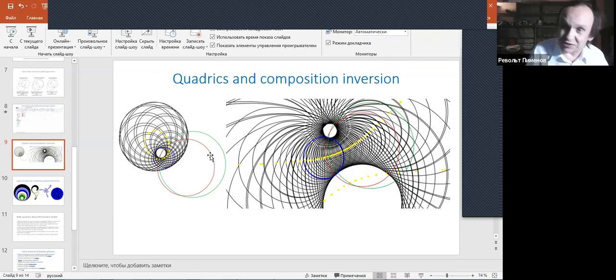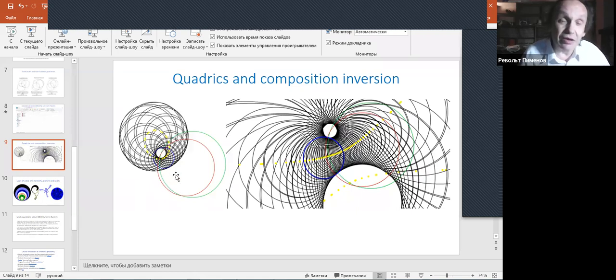For this reason, I show the composition of symmetries about two intersecting circles. It is not news, but it is main. What is in this picture? I took some gray circles, and these gray circles move by composition of inversions about these two circles.